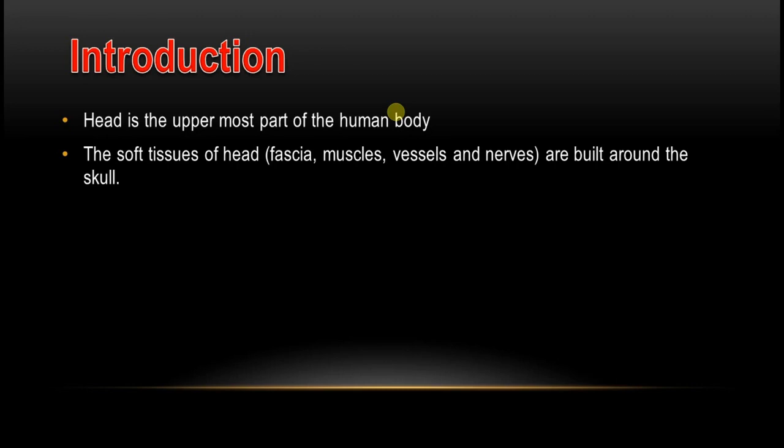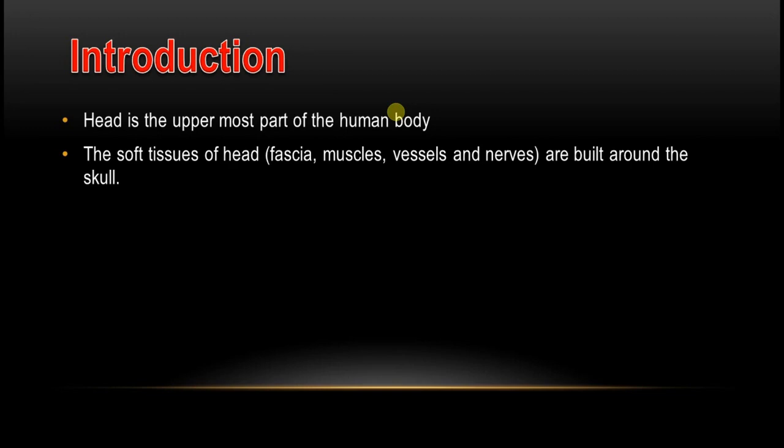So the skull can also be called the brain box. Not only that, outside the skull, the external aspect of the skull, you have all the soft tissues of the head, the muscles, the fascia, the vessels and the nerves.